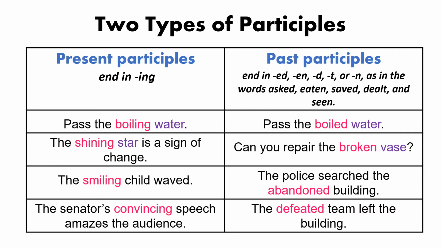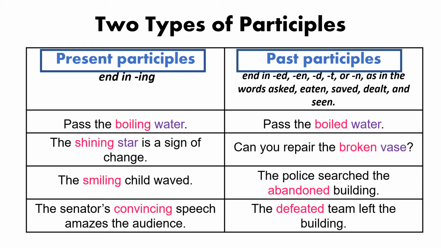There are two types of participles, the present participle, which ends in ing, and the past participle, which ends in ed, en, d, t, or n, as in the words asked, eaten, saved, dealt, and seen. Let's take a look at each example.